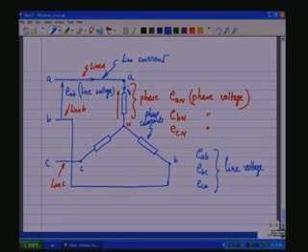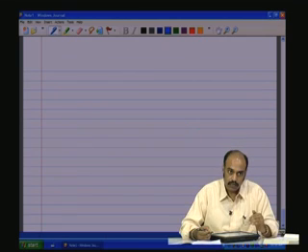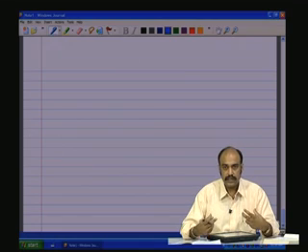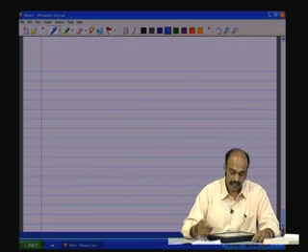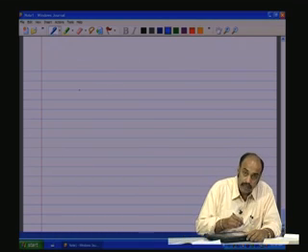Now, there is one more way in which the circuit, the load or the source can be connected between the lines.